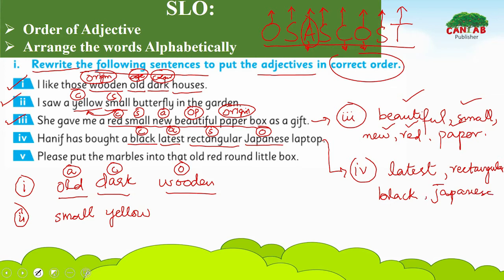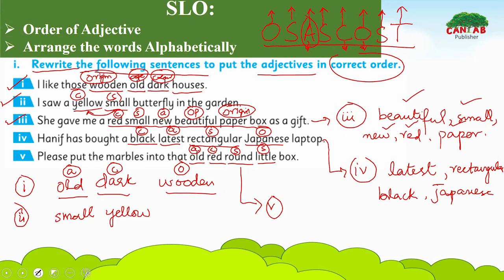The last one, the fifth one: please put the marbles into that old red round little box. Old, red, round and little. Old is adjective of age. Red is adjective of color. Round is adjective of shape. Little is adjective of size. What is the correct sequence?